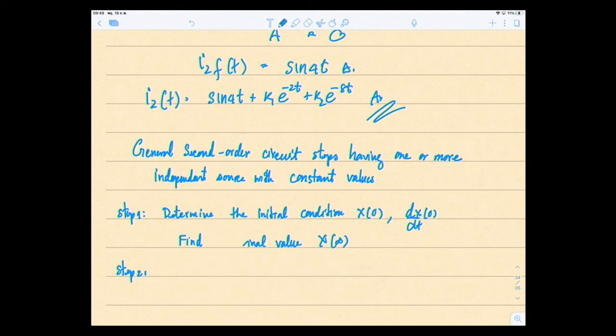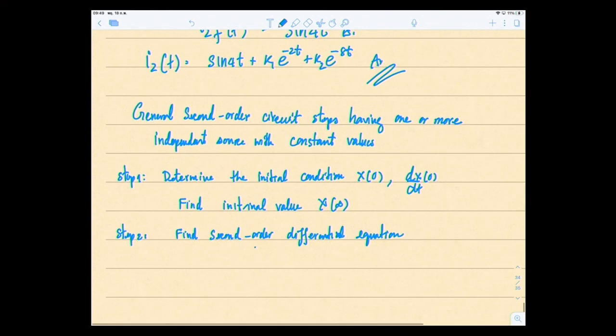So this is find initial values, right? So you have to find at t equal to 0 plus, right? You have to find your second order circuit, your second order differential equations.